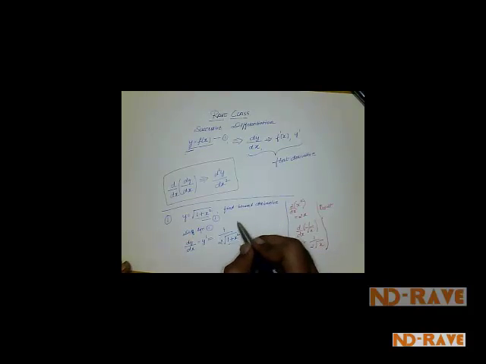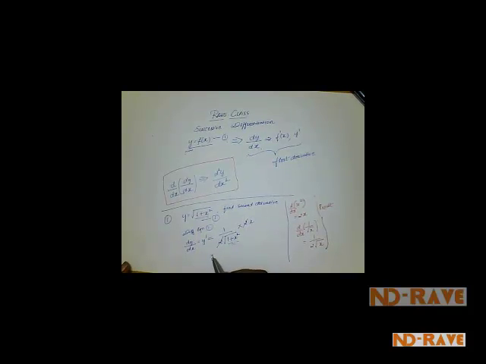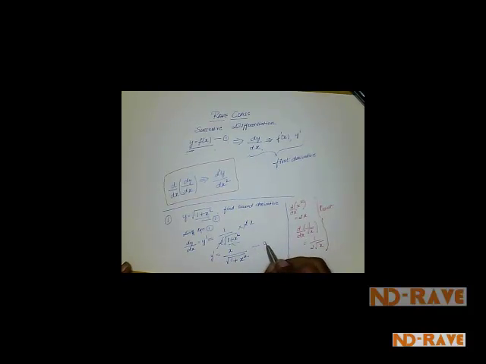So the derivative of x square is nothing but 2x. So this 2 and this 2 cancel out. So y dash is found to be x divided by root of 1 plus x square.